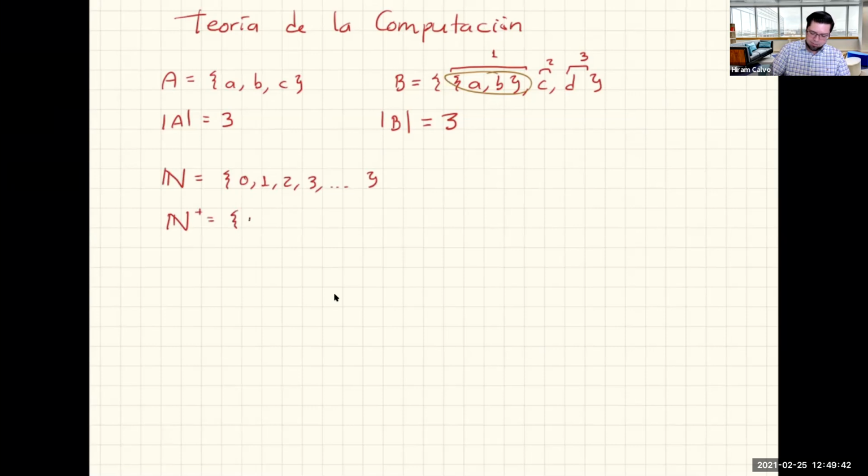So in this case, as a convention for this course, whenever we want natural numbers to begin with 1, we will add this plus, which means all the positive natural numbers, todos los números enteros positivos. Entonces, cuando tengamos N así solito, vamos a empezar desde 0. Eso es muy importante. Cuando tengamos N más, vamos a empezar desde 1. Para que se acuerden, entonces el más va a representar todos los enteros positivos. Y cuando no tenemos el más, simplemente son todos los no negativos. Okay, so these are two very important conventions we will have during this course.